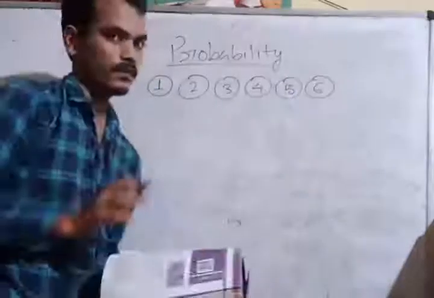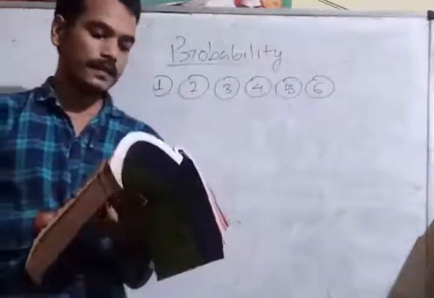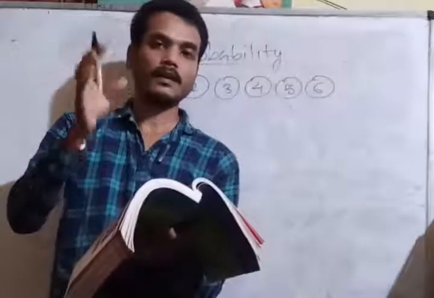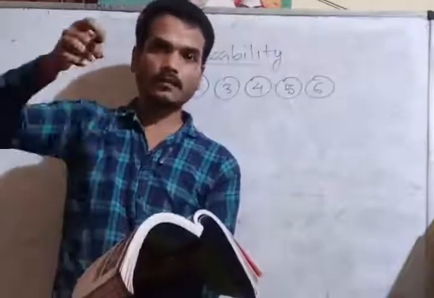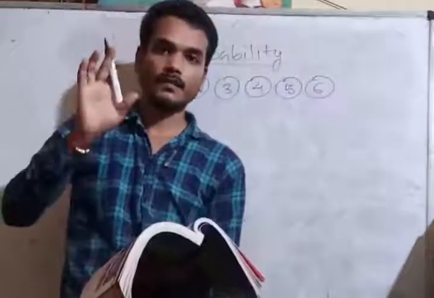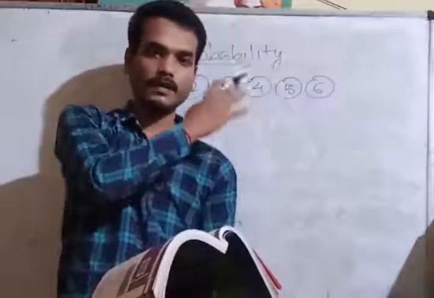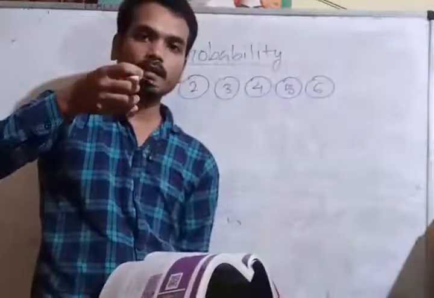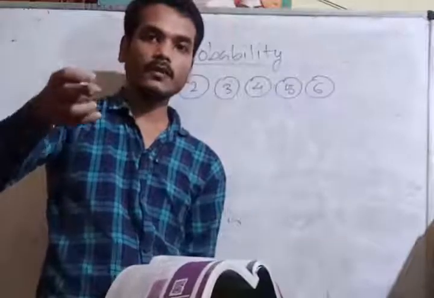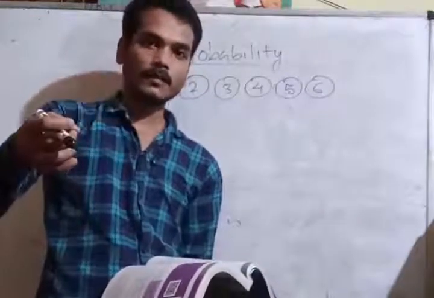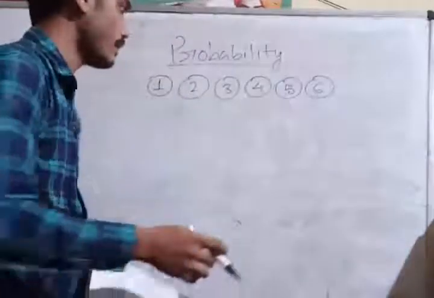Then it is asked, what is the probability of drawing a marble of number 2? If you draw a marble from that box, what is the probability that 2 will come? This is similar to the previous example. What is the chance that you will get 2? That means, in favor of 2, how many numbers are there?